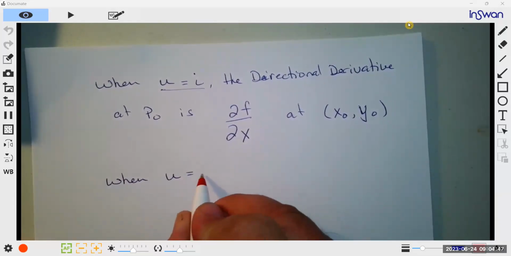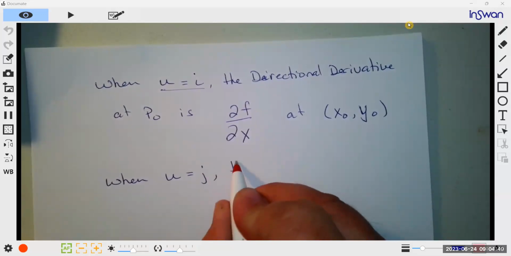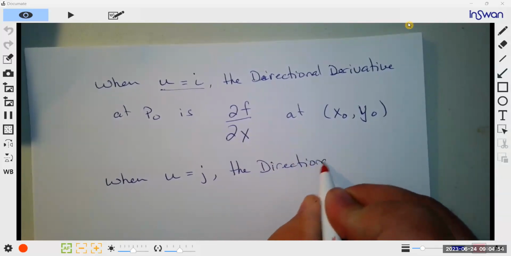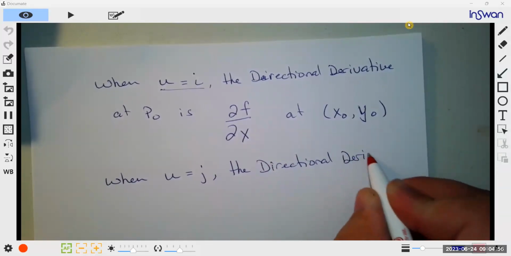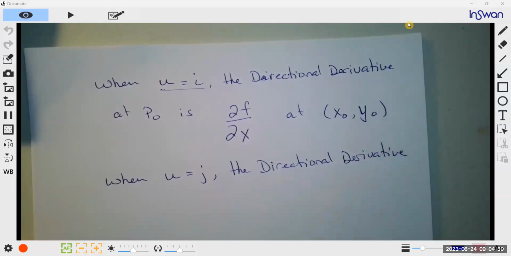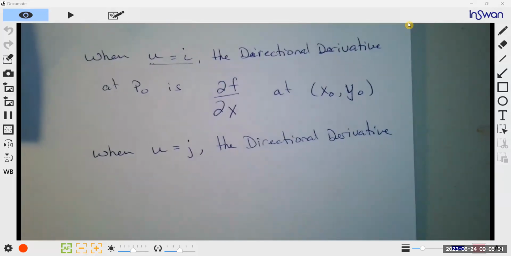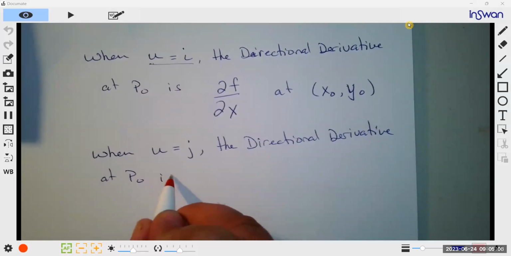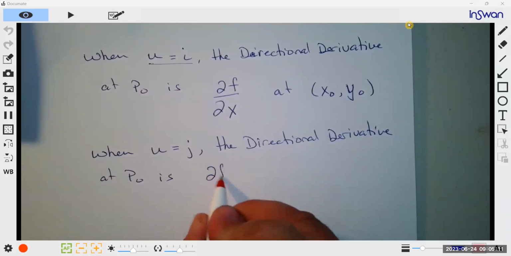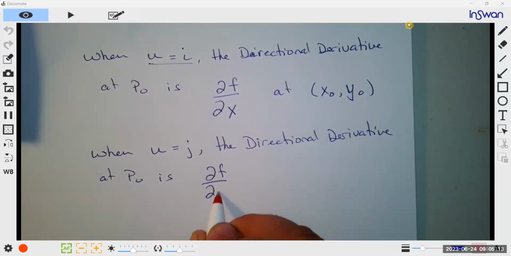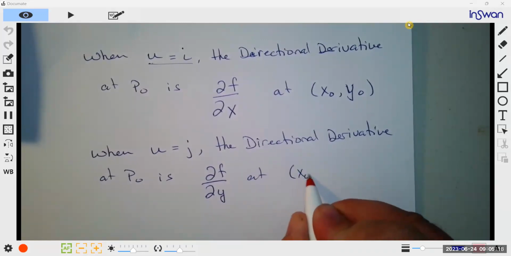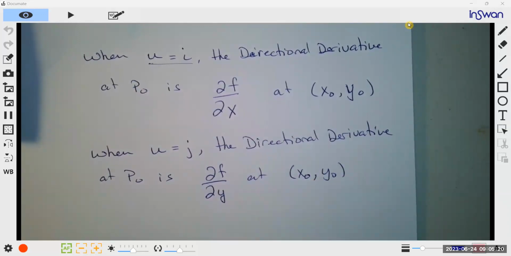When the vector u just equals j, the directional derivative at P sub 0 is the partial of f over partial of y at the point x sub 0, y sub 0.